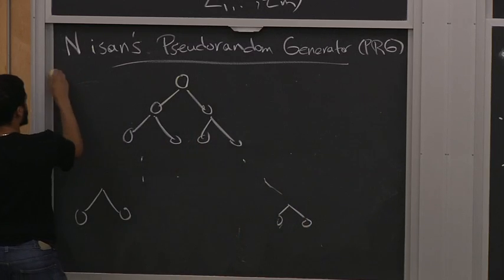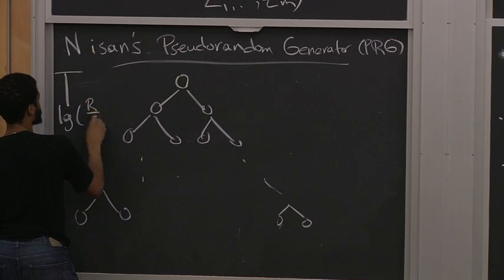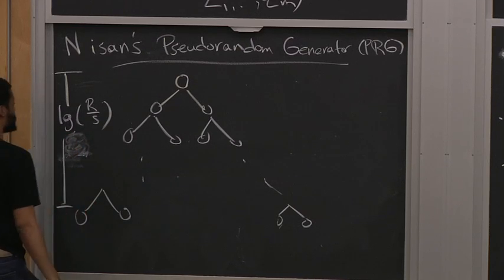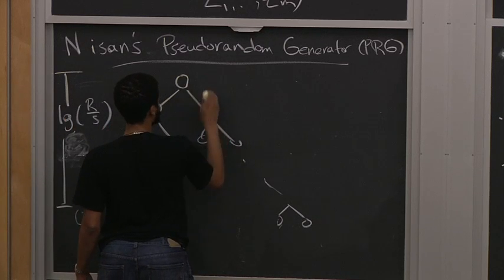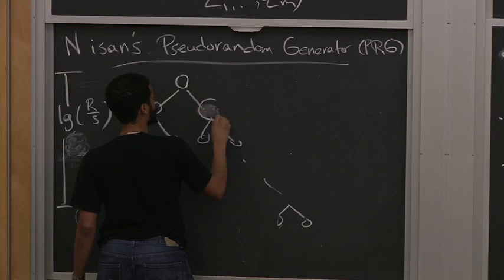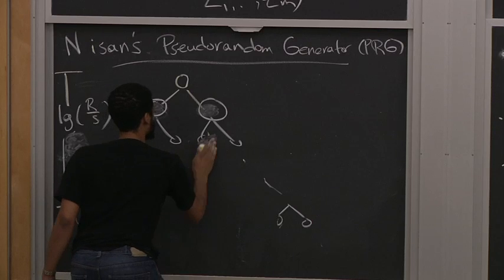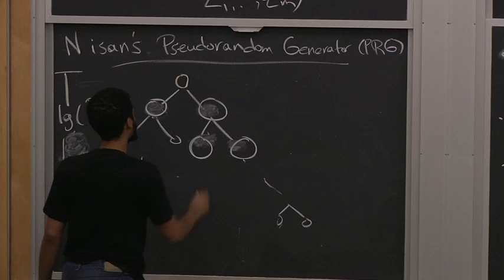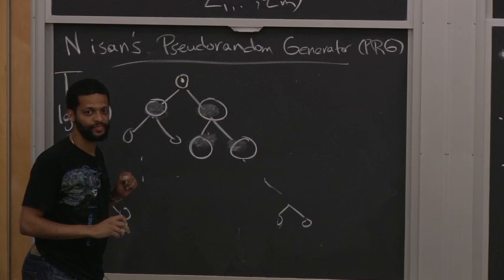The height of this tree is going to be log base 2 of R over S. Each node is going to have a value written in it.